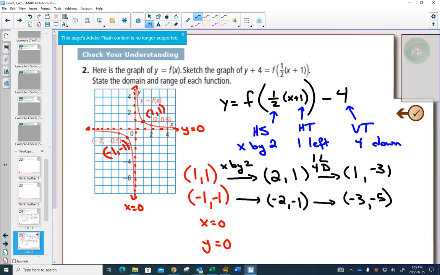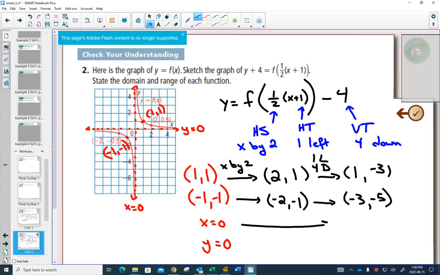With the asymptotes, since both of these asymptotes started at 0, can you see that multiplying won't change them? Multiplying x by 2 would only change the x one, but it's 0. The only thing that's going to change a vertical asymptote at 0 is if you move it left or right. Can you see that we're moving 1 to the left?